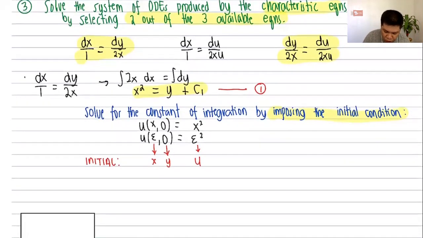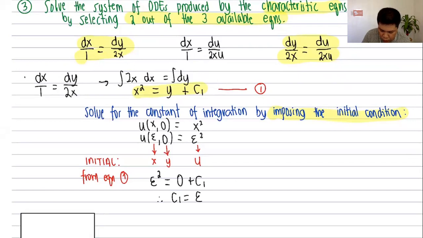I can now impose my initial conditions on equation number 1. x squared, so x is just epsilon, so epsilon squared is equal to y, which is 0 from my initial condition, plus c1. That tells me that c1 is equal to epsilon squared.